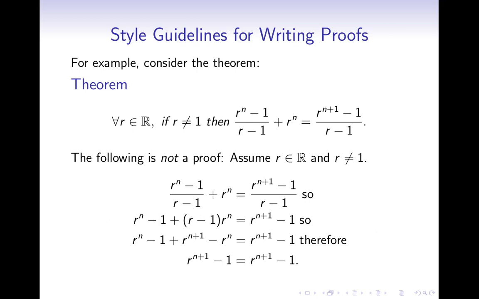And this is true. And so the proof is done. But this proof is incorrect. We've made the mistake of starting with what we want to prove and deriving something true. Not a valid method of proof.